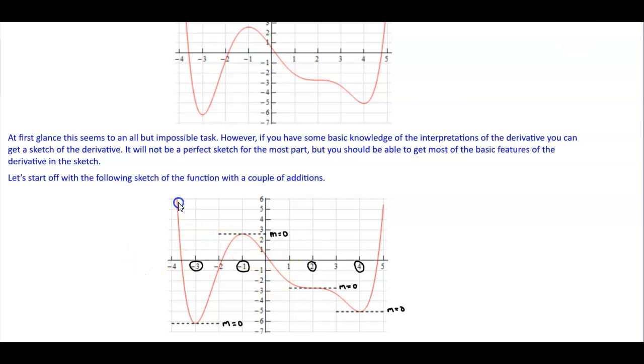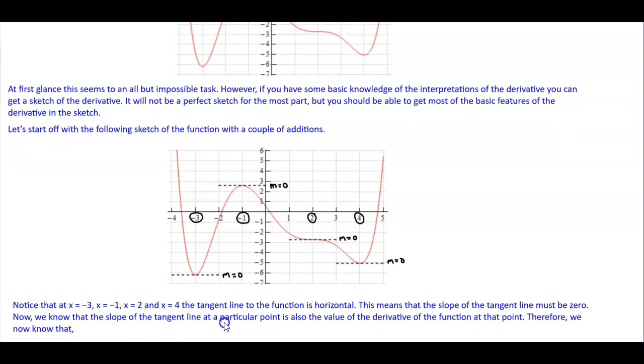Now, I also want you to pay attention here. What the slope does going from here to here is another thing that we need to think about, and then from here to here and so on. But right now, we just want to look at where the slopes are equal to 0. So, notice that at x equals negative 3, x equals negative 1, x equals 2, and x equals 4, the tangent line to the function is horizontal.